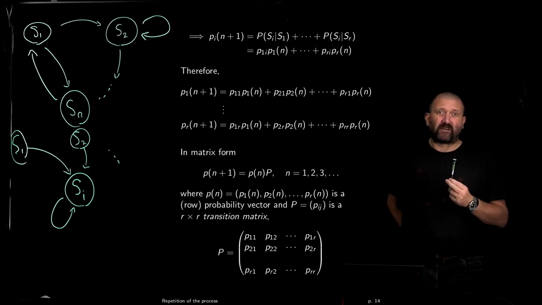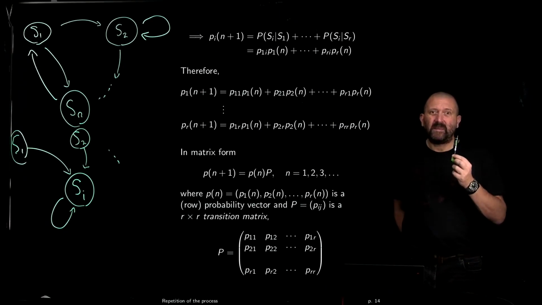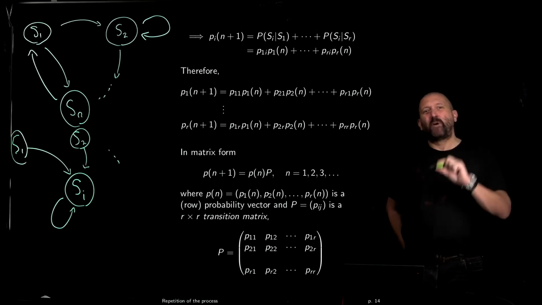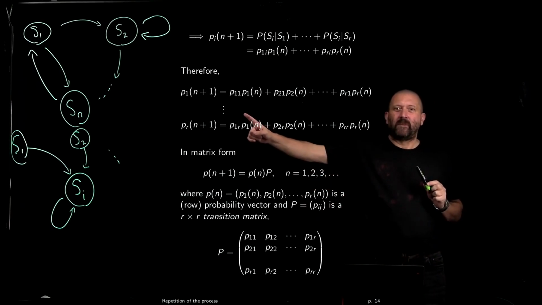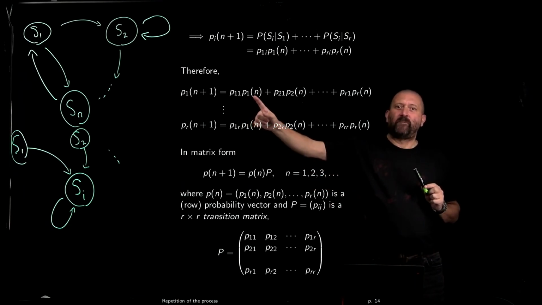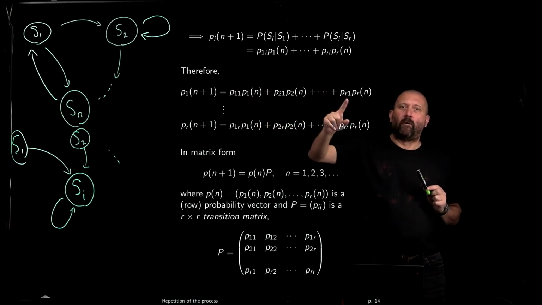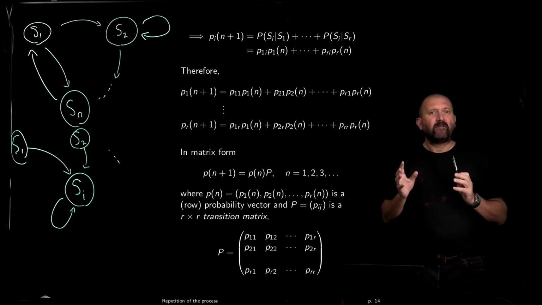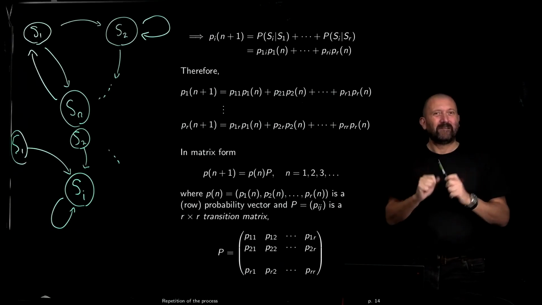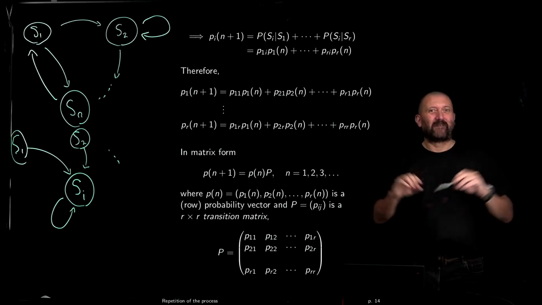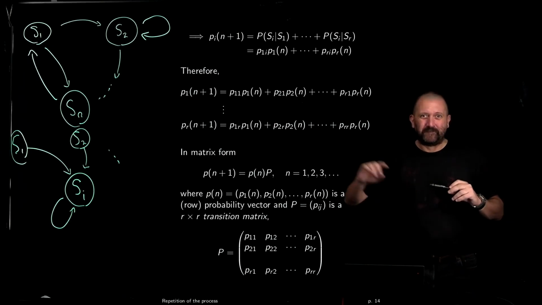So if you look at this equation, it uses indices not the way we have used them so far. I'm going to put P1, P2, all the way to PR as a vector, and I don't know yet how I'm going to do it, whether in row or in columns.